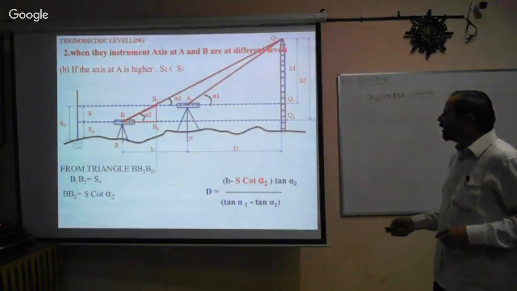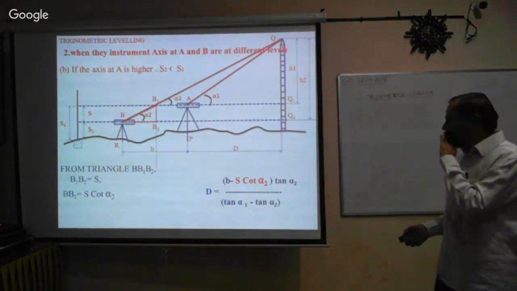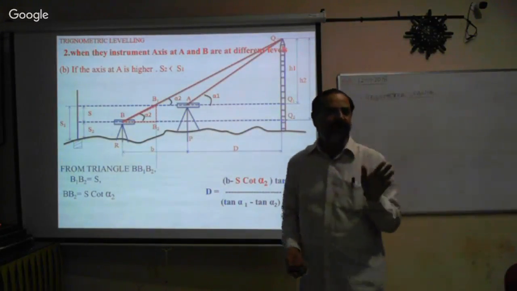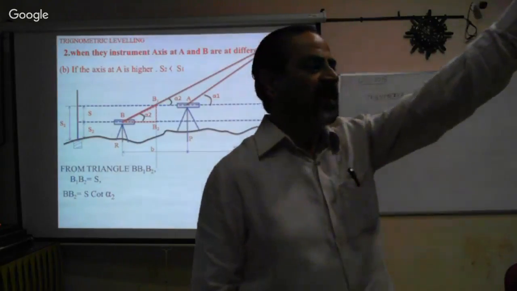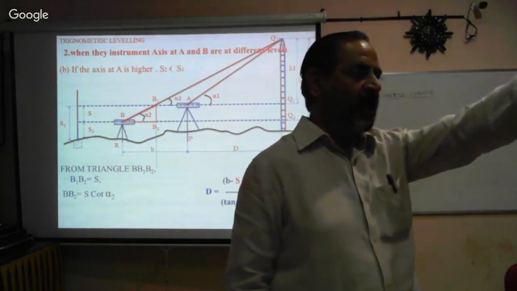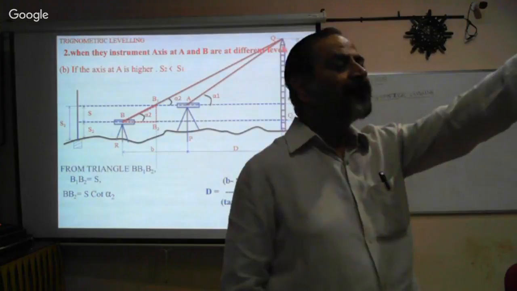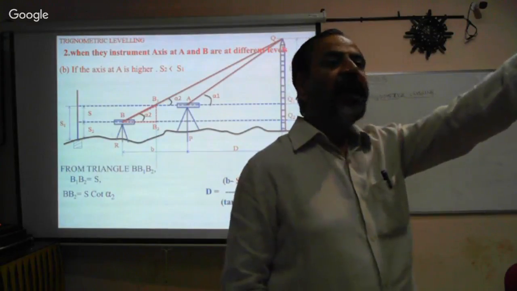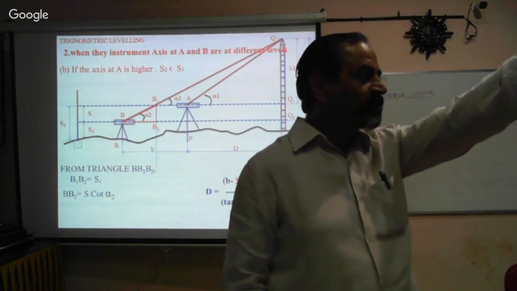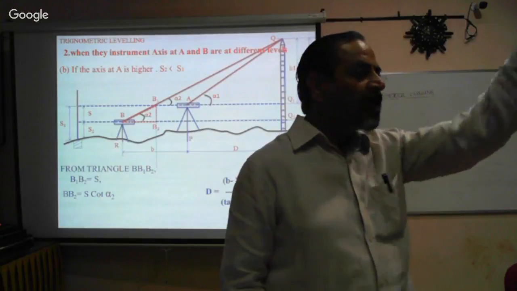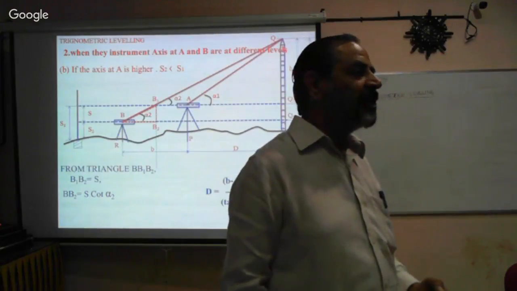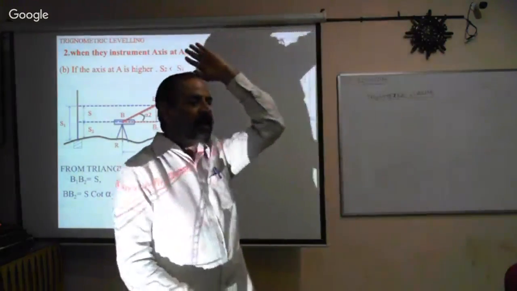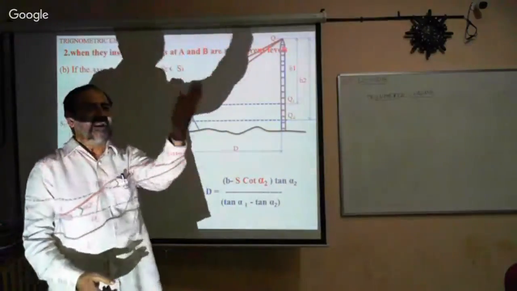See, in the previous class I told you, for example, this is the instrument station, where you need to calculate the elevation of the object. This is the first instrument station and the second instrument station B, just behind.